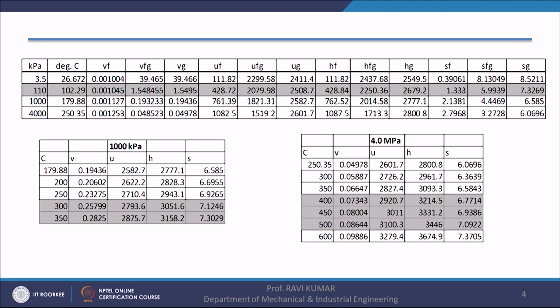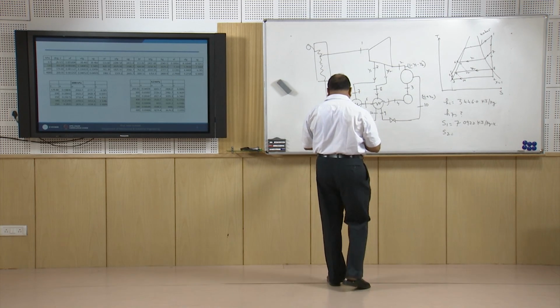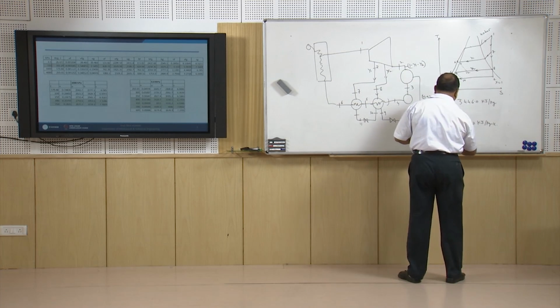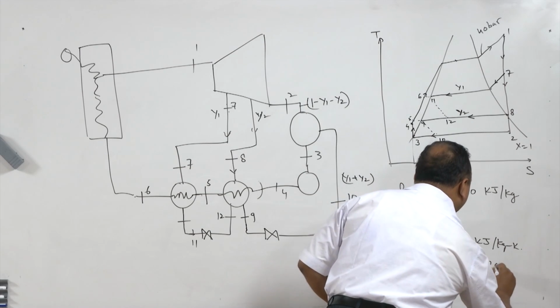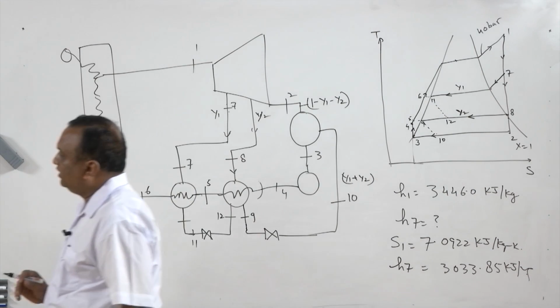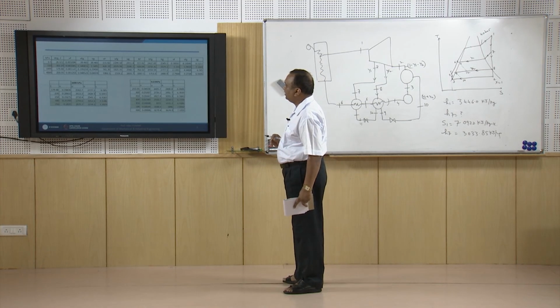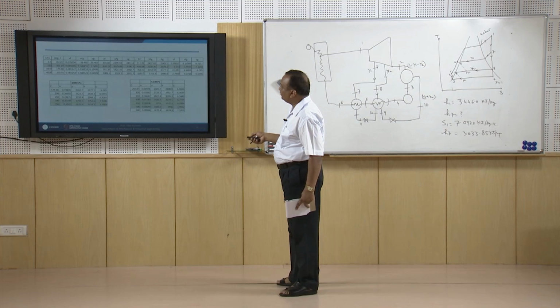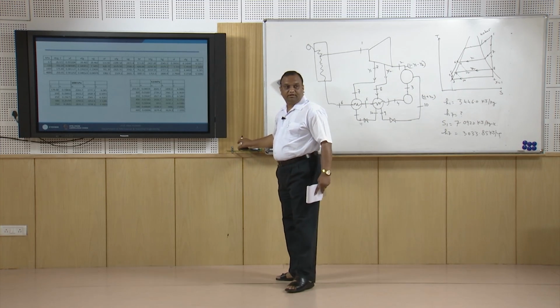So, this we have done, and the value of H7 is 3033.85 kilojoules per kg. Right, so it is lying between these two.